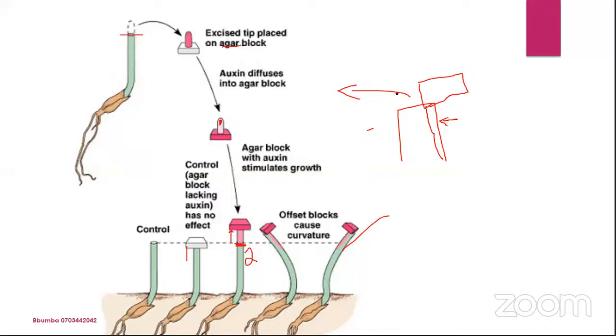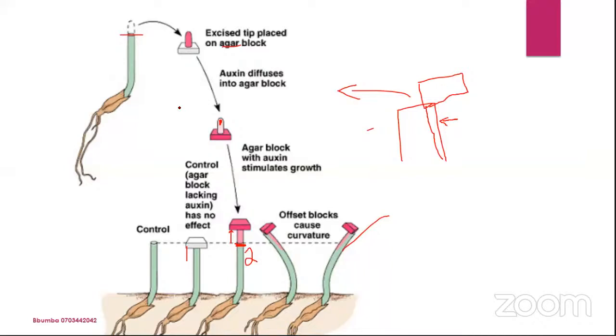Okay, so let me repeat this experiment. What you must know, guys, is that I am not the one who invented this experiment. I'm not the one who started it.